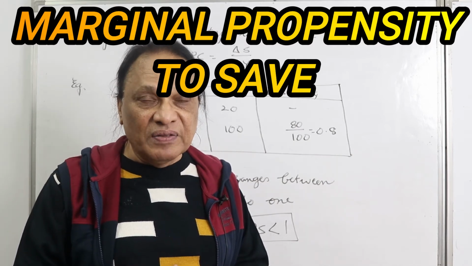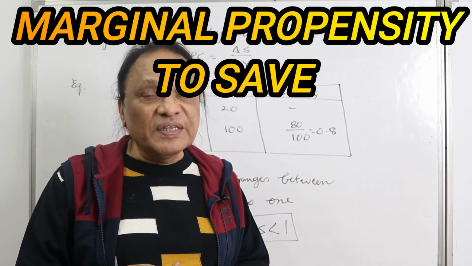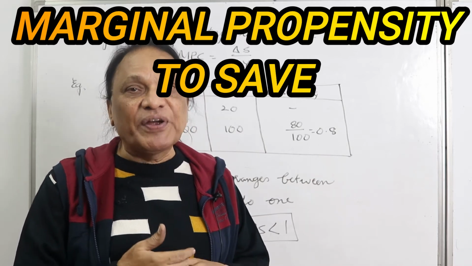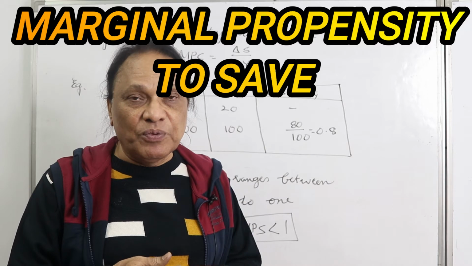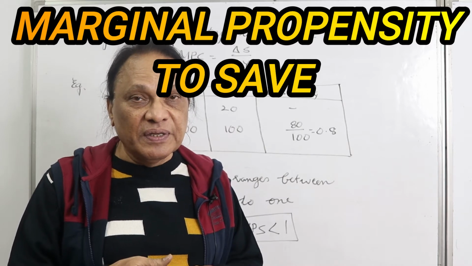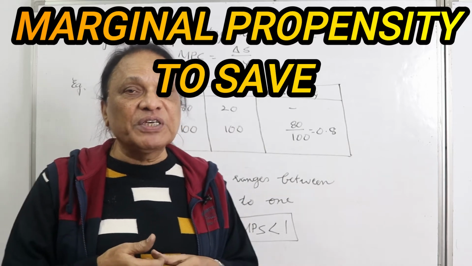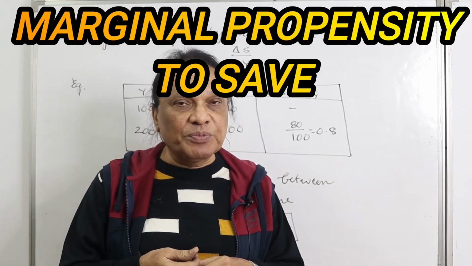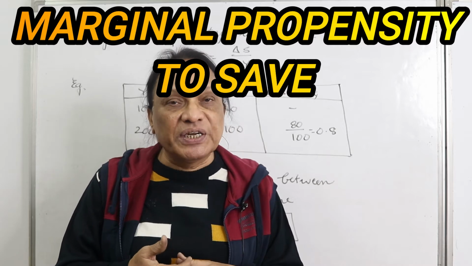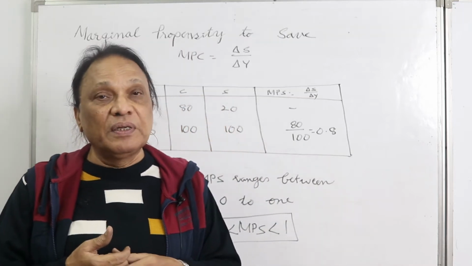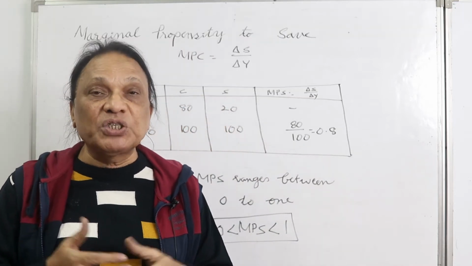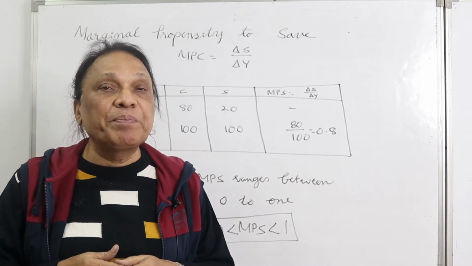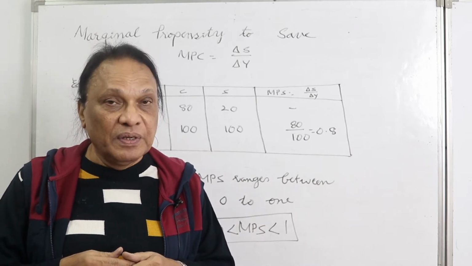In the saving function, last class we had average propensity to save. That is the ratio of savings to income. Now we go to the next concept of saving function in Keynesian economics of income and employment. What exactly is marginal propensity to save, MPS?